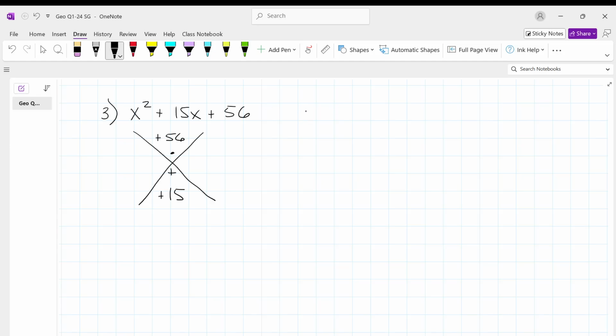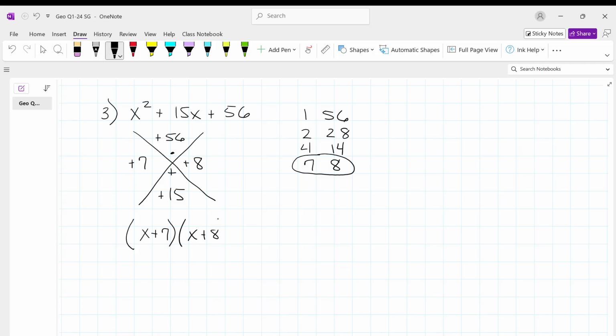Factors of 56 are 1 and 56, 2 and 28, 4 and 14, and 7 and 8. So again, the only combination that will add up to a 15 is a 7 and an 8. And that would be a positive 7 plus positive 8 equals 15, and 7 times 8 equals 56. So your factors are x plus 7 times x plus 8.